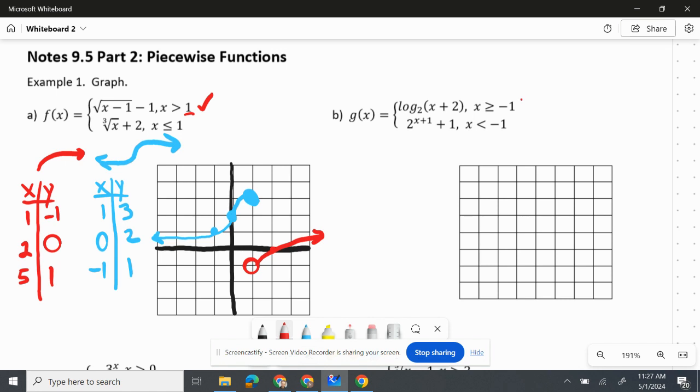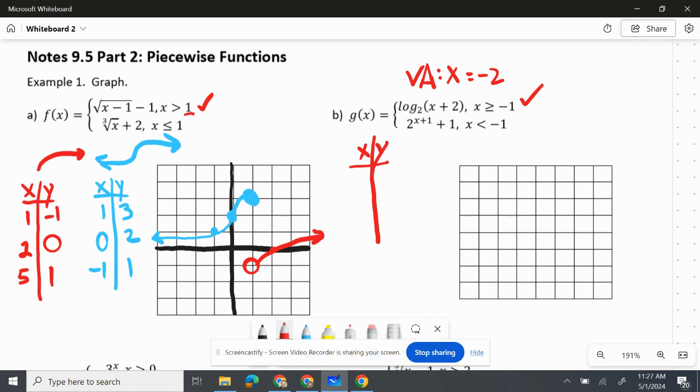So I'm going to look at the logarithm, and the first thing that I always want to know about my logarithm is my vertical asymptote. And so my vertical asymptote is x is equal to negative 2. Now what I notice about that is it's actually not in the domain. So that's helpful to know.